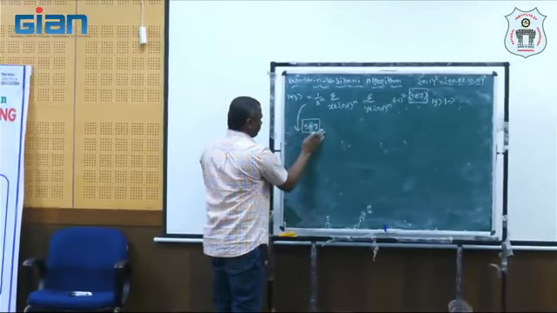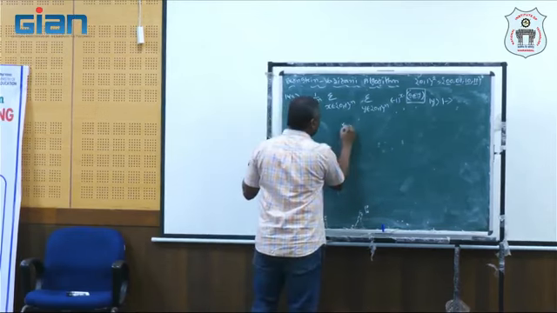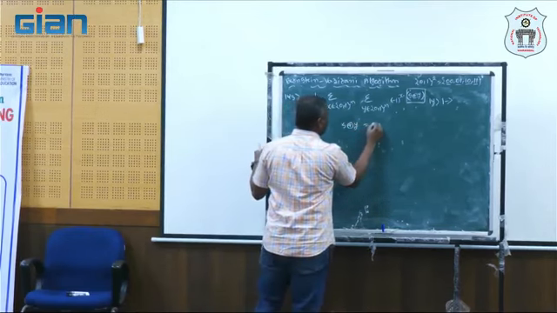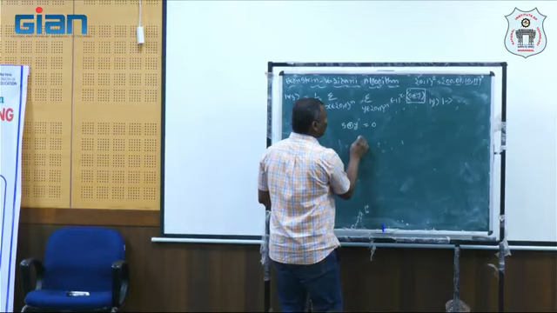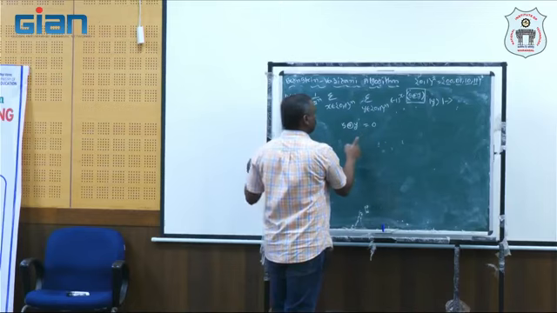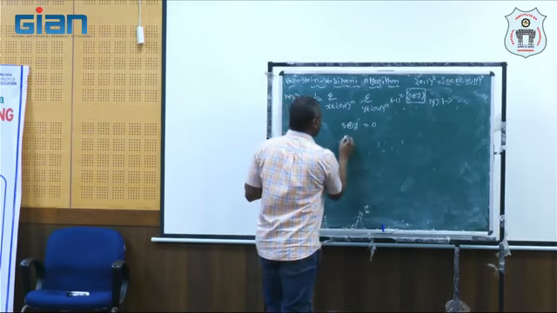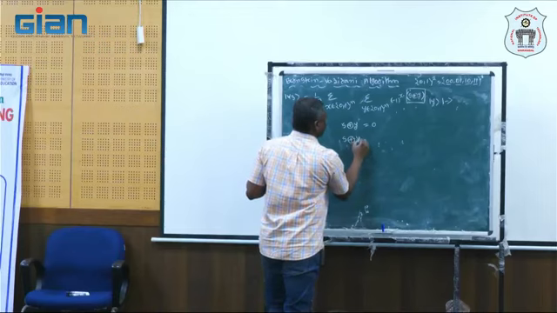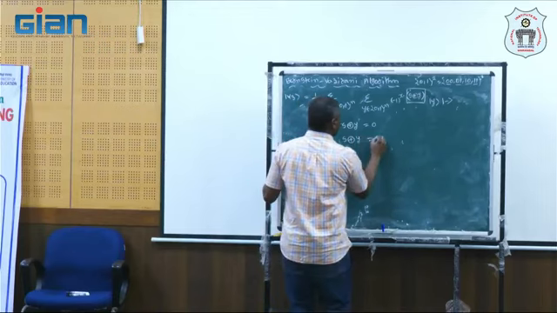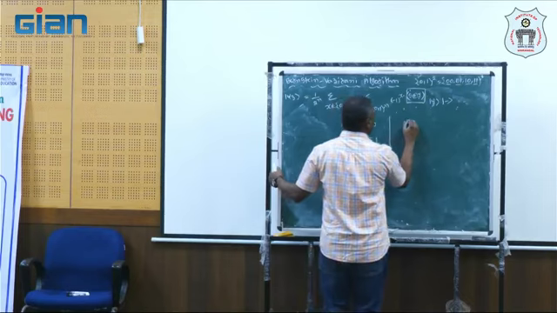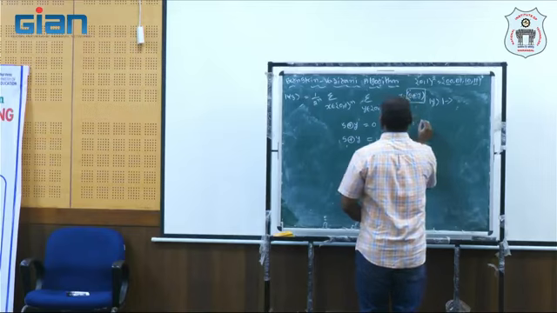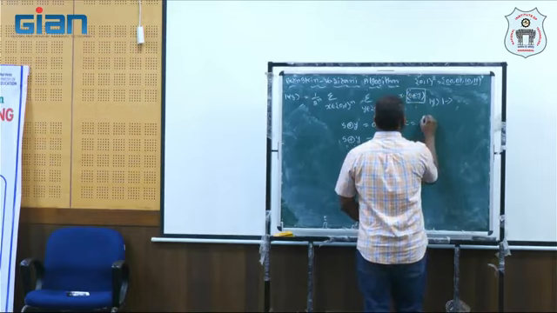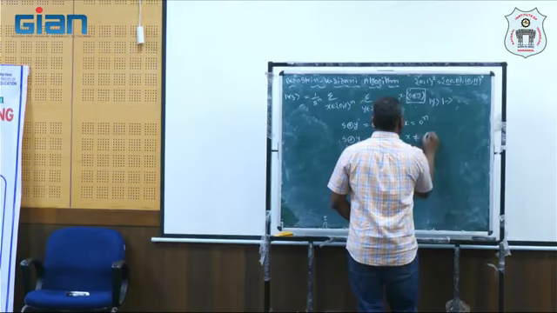there are two possibilities. Okay, let me write separately. S plus Y is 0, or S plus Y is not 0. That is, X equals to 0 power n, or X not equals to 0 power n.